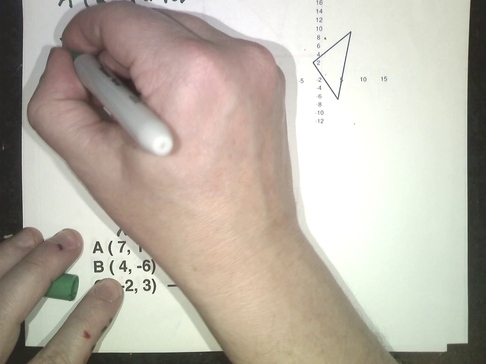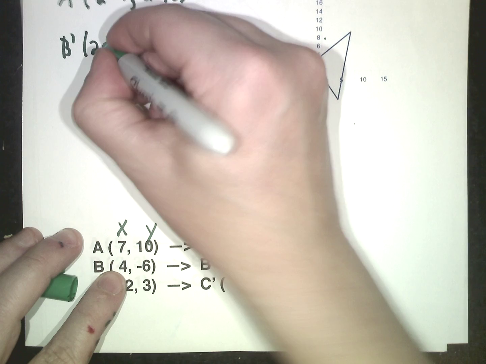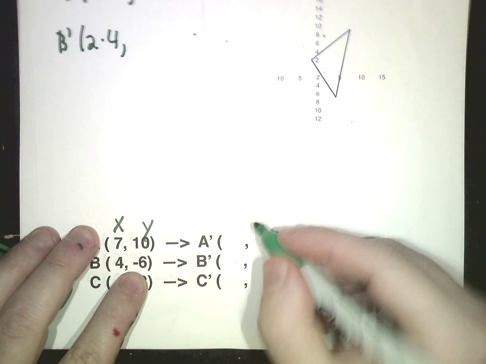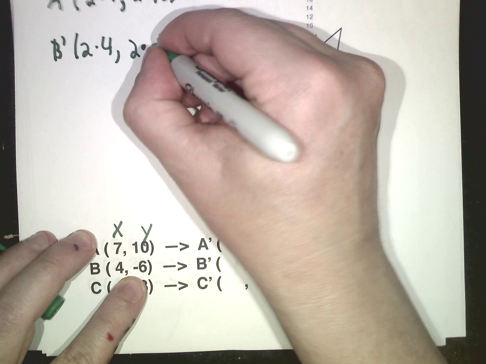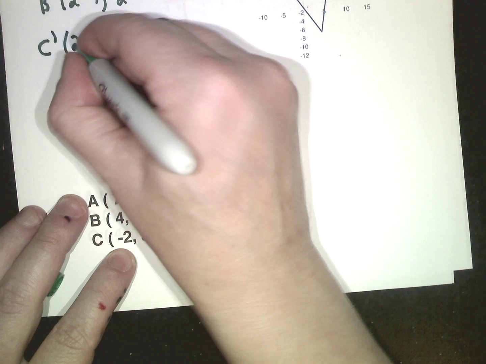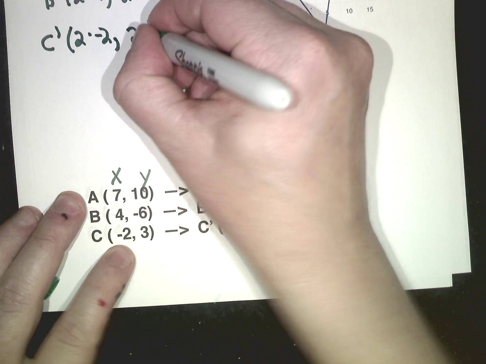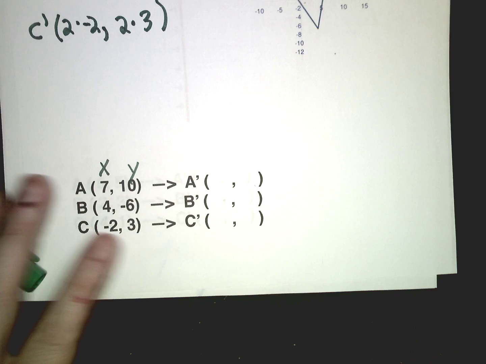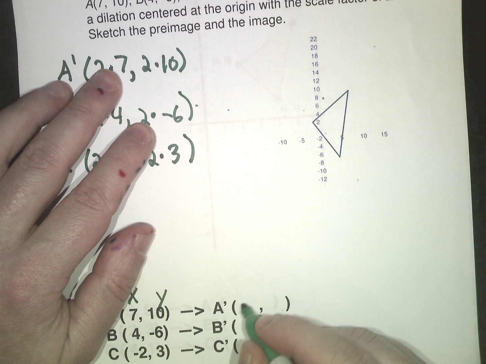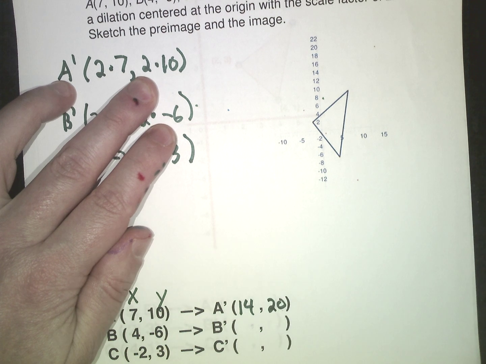B prime would be 2 times x, which is 4, and then 2 times negative 6, which is my y. C prime would be 2 times negative 2, comma, 2 times my y, 3. At this point, calculator works, right? 2 times 7, 14. 2 times 10, 20.